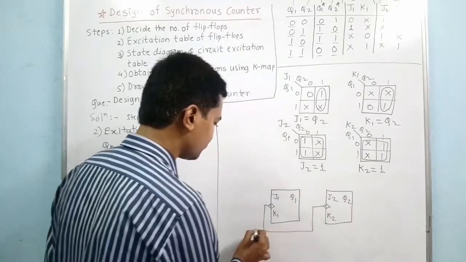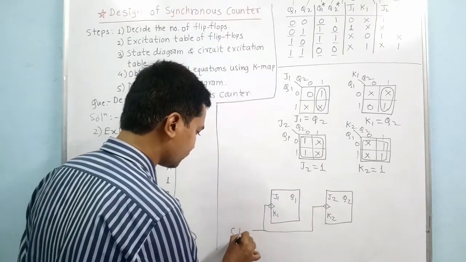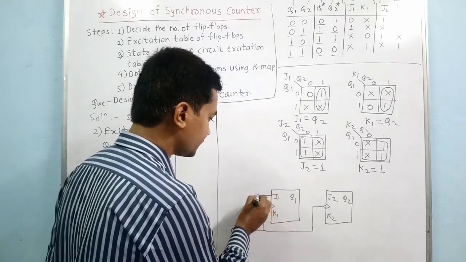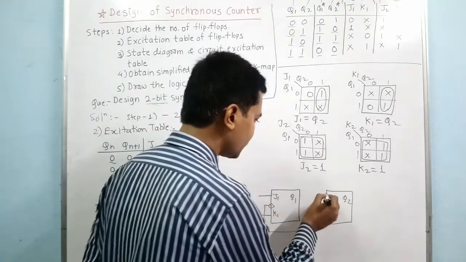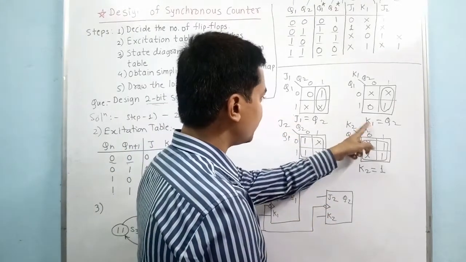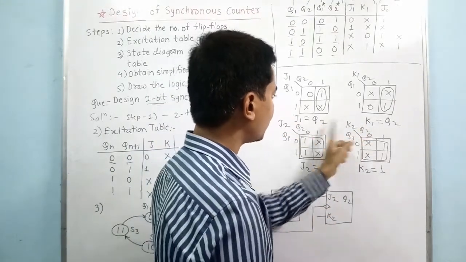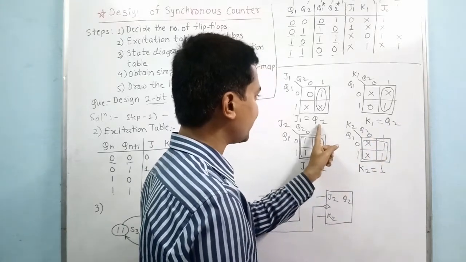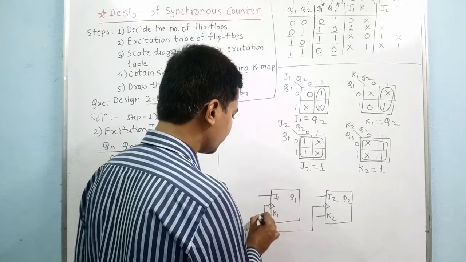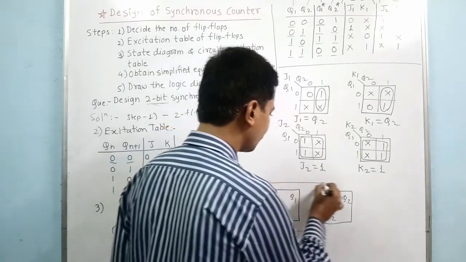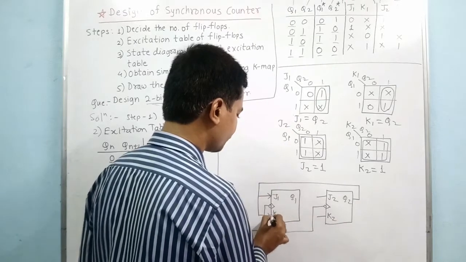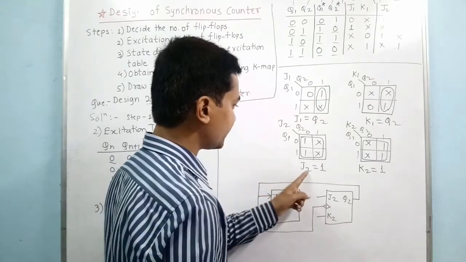Okay, the clock is the signal. And what about the J1 K1 J2 and K2? So J1 and K1 should be what? Both are Q2, both should be connected to Q2. So here J1 and K1 should be connected to Q2. And what about J2 and K2?